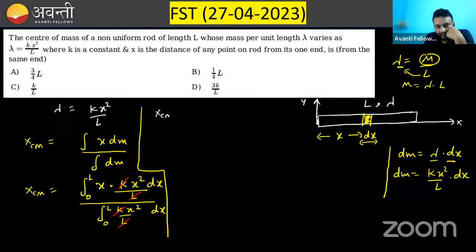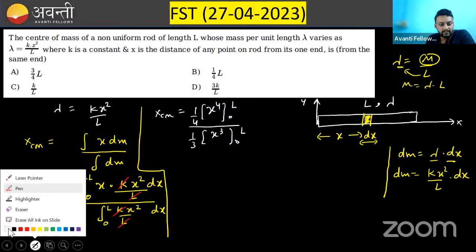So the x coordinate of center of mass is, what's remaining in the numerator, x cube dx. And integration of x cube, anybody knows? Integration of x cube is x raised to the power 4 divided by 4. Limit is 0 to L. Now divided by integration of x square, which is what? X cube divided by 3. Limit is again 0 to L.